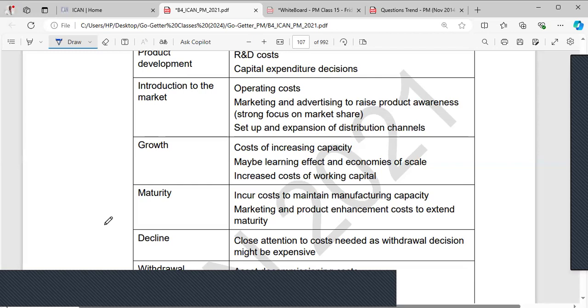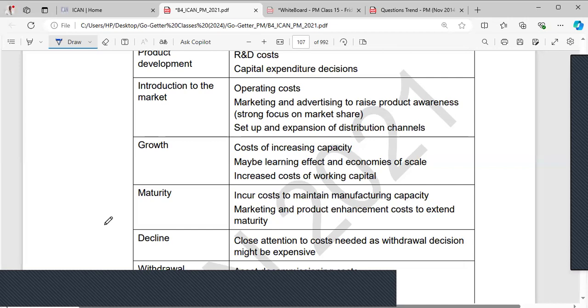So now you are looking at the market, you already have a share of the market. So all you need to do now is to maintain your market share. Let's say you have 40% market share. You need to ensure that you maintain that market share.